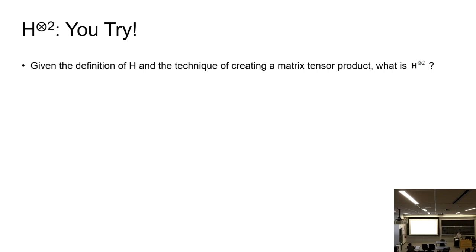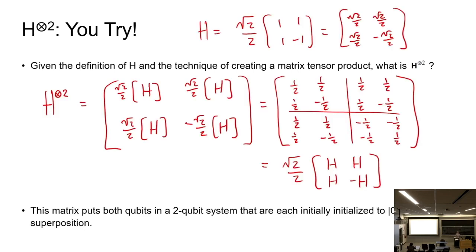And so we can rewrite this in a much simpler way. We can call it square root of 2 over 2 times H, H, H, minus H. This matrix puts both of our qubits in a 2-qubit system, each initially at 0, into superposition. So no problem.